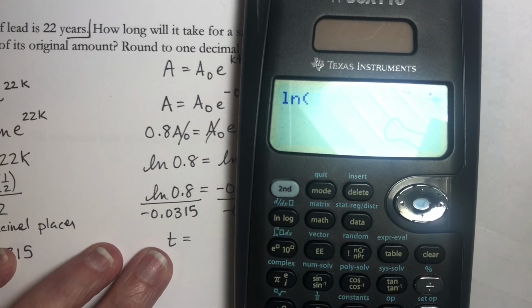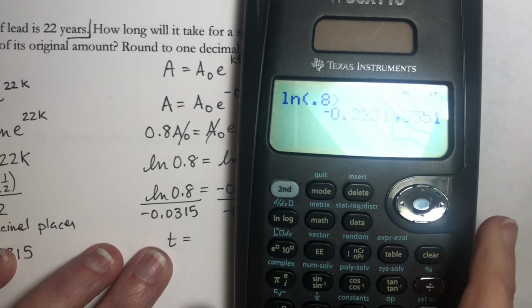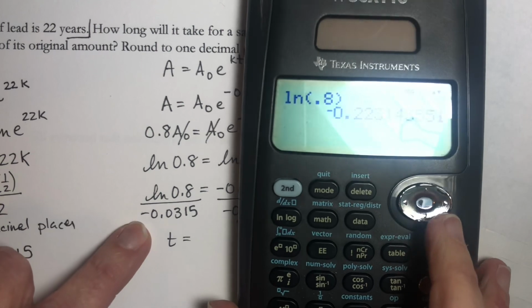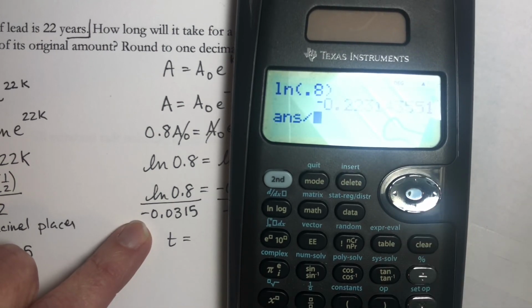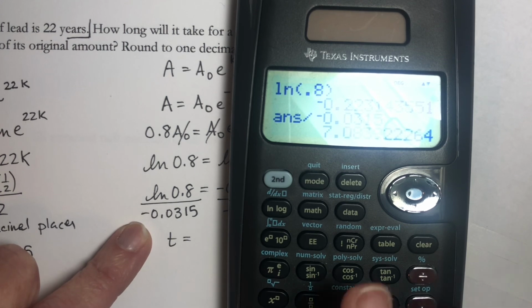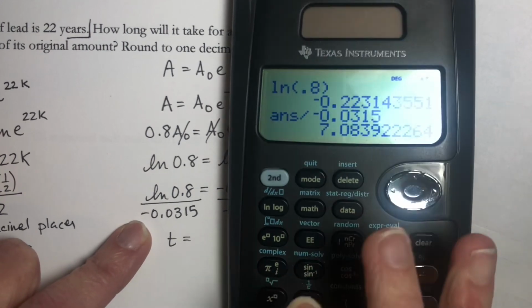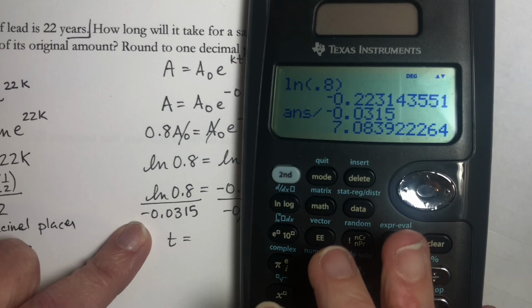So natural log of 0.8, good. That gives me a negative number. So when I divide by a negative, I'll have a positive divided by negative 0.0315. And I get 7.0839, and so on.